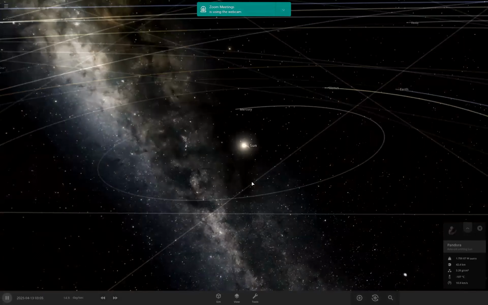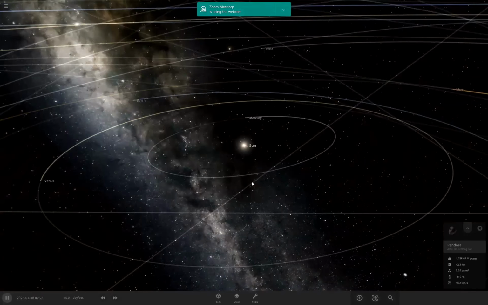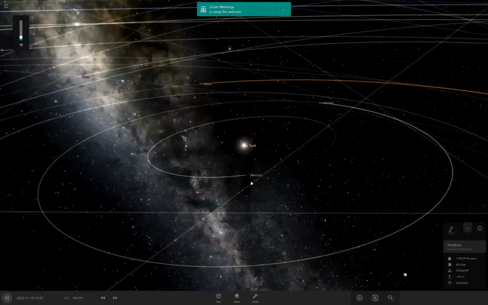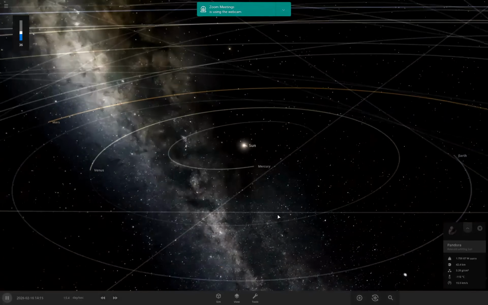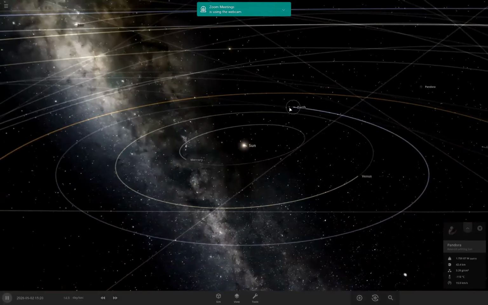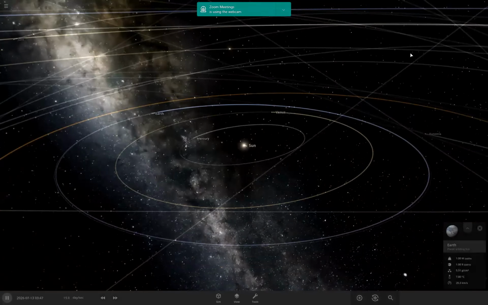You can see all elliptical orbits. Now you can see the Earth also. That is Earth. So what we'll do now, we'll mess with Earth.